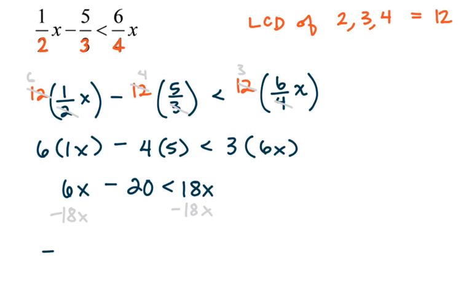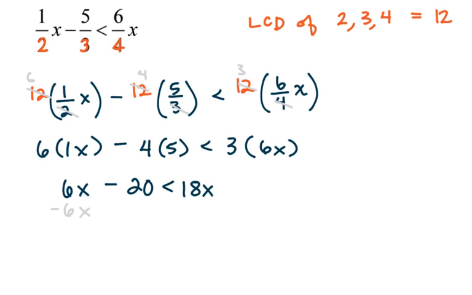So what that would give me, I'd have negative 12x minus 20 is less than 0. So again, we're trying to get rid of the negative coefficient in front of x because eventually we have to divide by that number. And if I divide by a negative, dealing with an inequality, that inequality symbol will need to flip. So this is not how I'm going to choose to solve the problem.